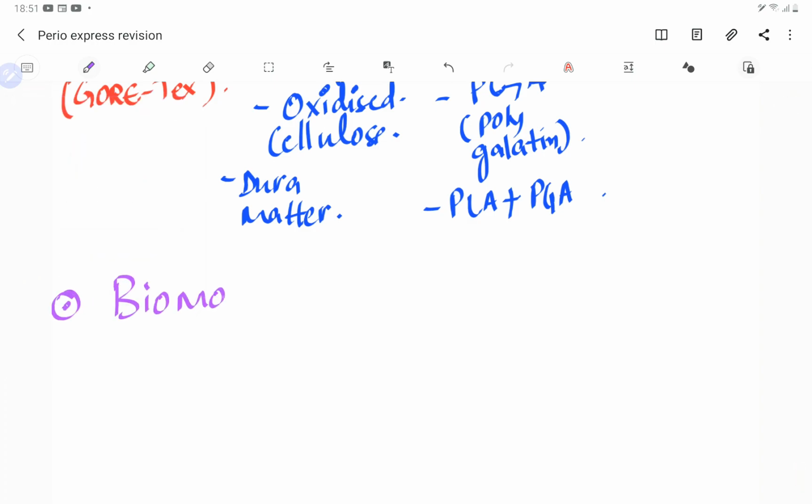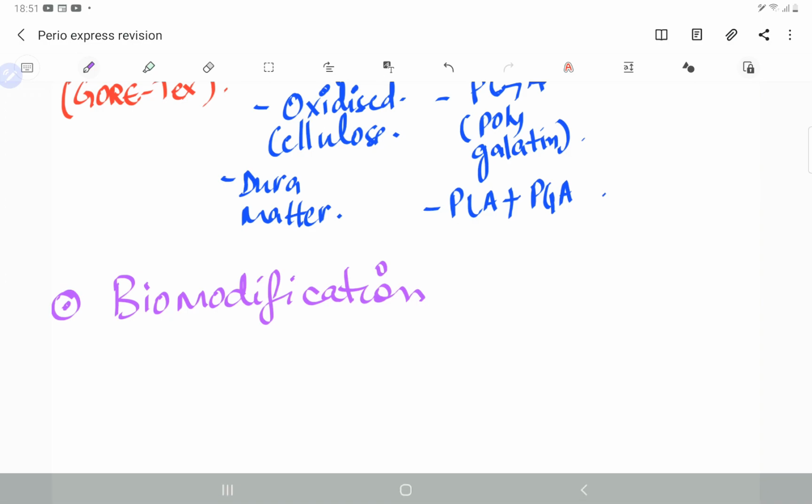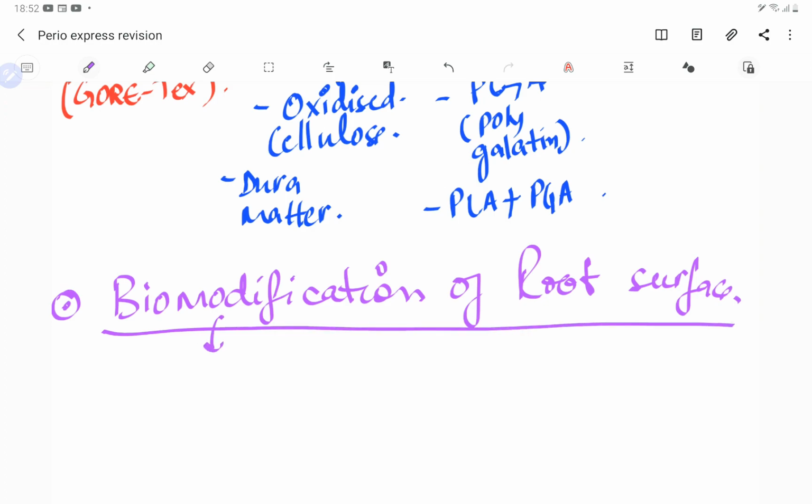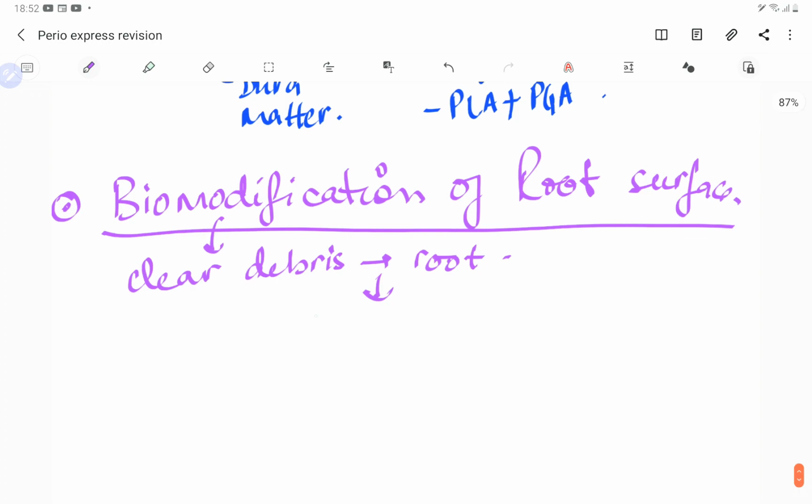So biomodification is basically the clearing of the root surface. So you are modifying the root surface, biomodification of the root surface. So basically clearing of all the debris from the root, so that there is new attachment of the gingival tissues.